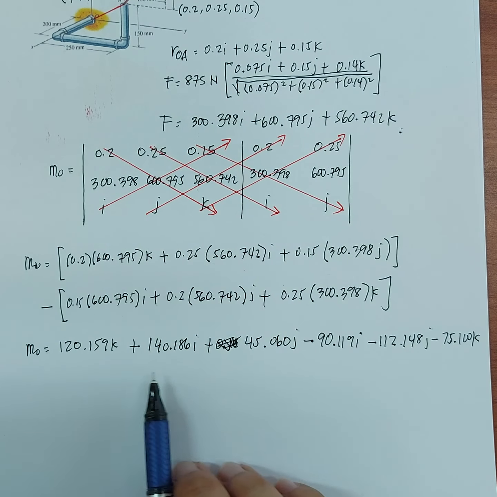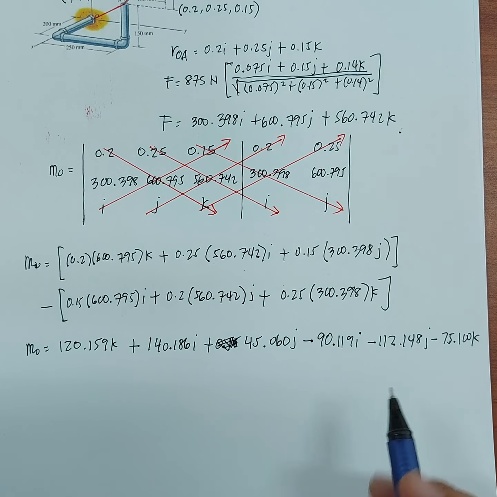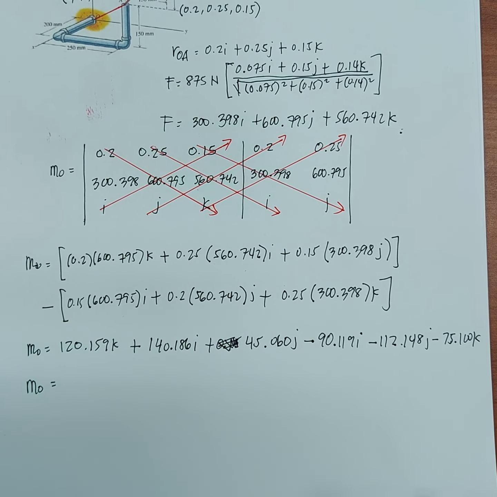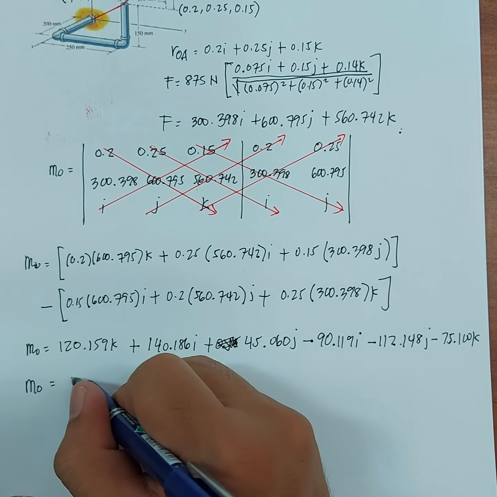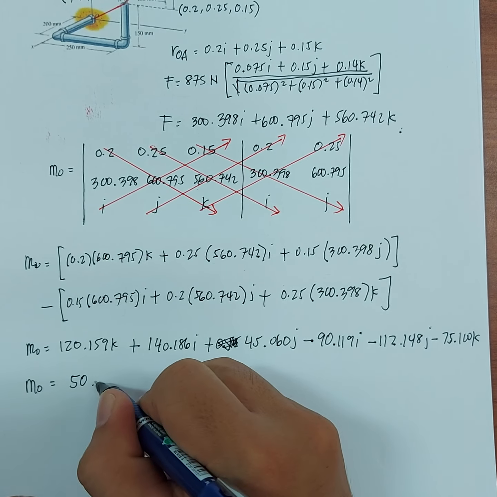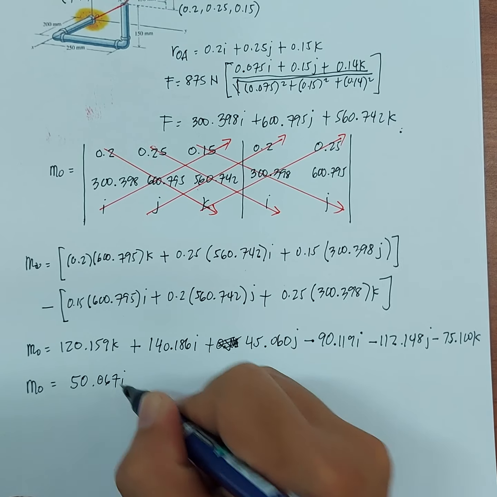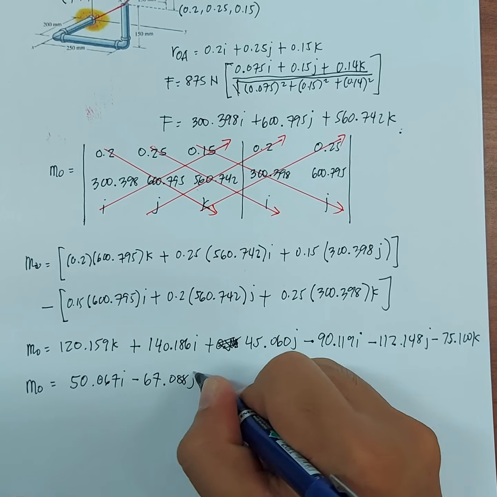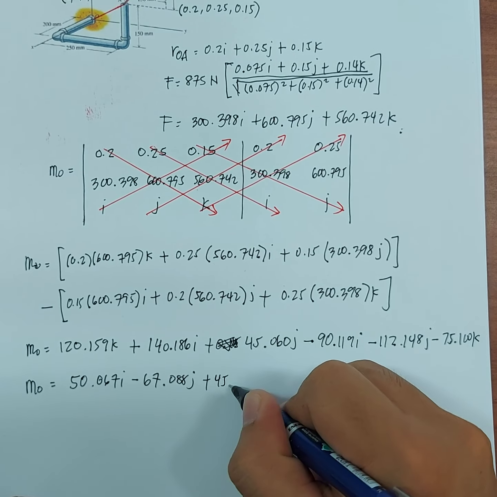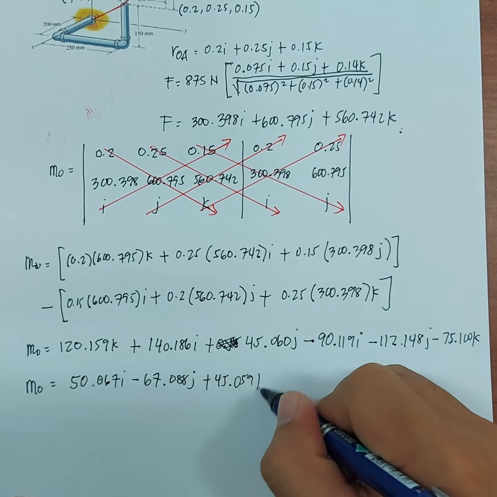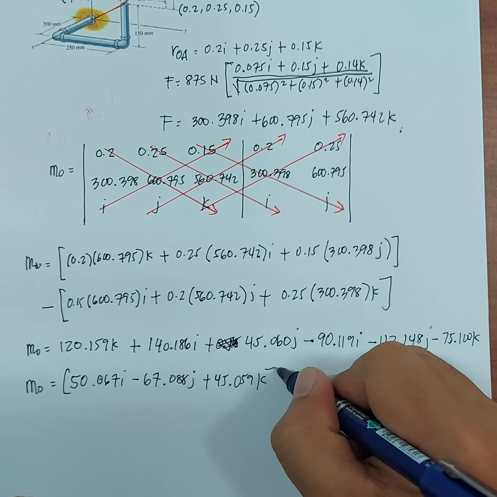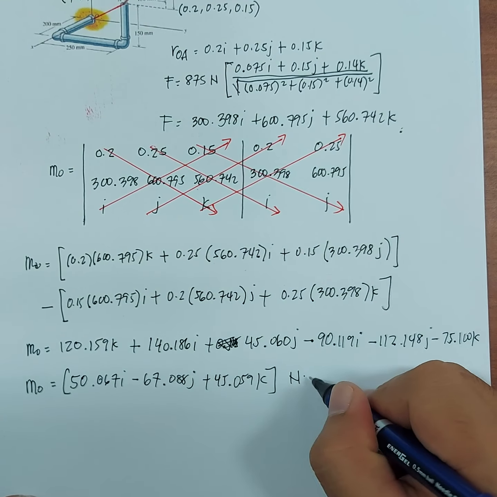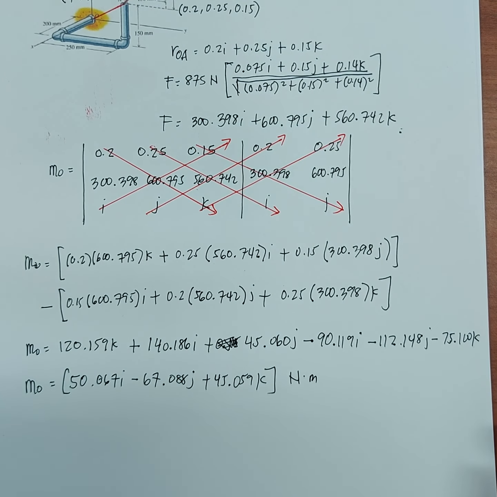Okay, so combine the like terms, I, J, K. So the moment now is equal to 50.067 I minus 67.088 J plus 45.059 K. The unit of course is in Newton meter.